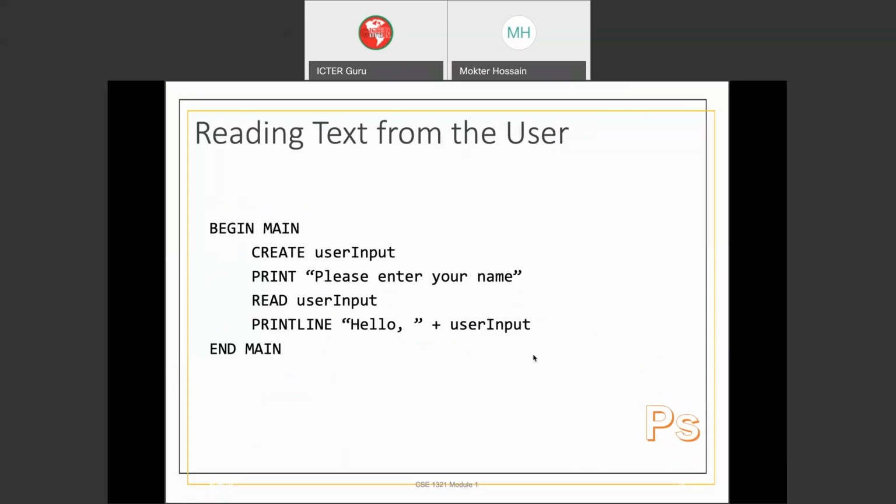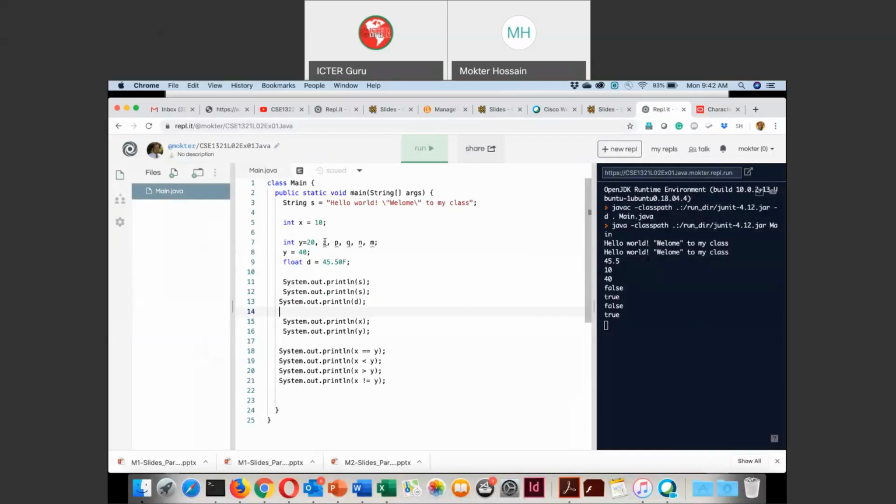Now we want to focus on reading an input from the user, reading input from a standard input device. By standard input device, we mean keyboard. For instance, here in my program, I assign values for X, Y, and D. These are hard-coded values, so whenever I run, this program will work with only these values.